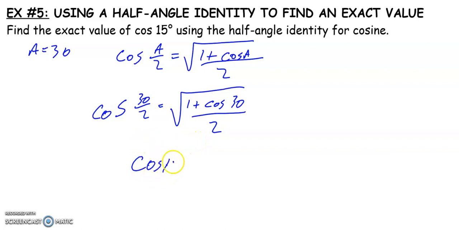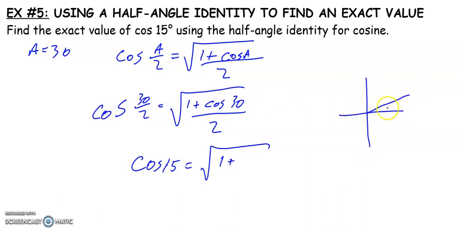So the cosine of 15 is going to be the square root of 1 plus, okay, 30 is my first line up on the unit circle, at radical 3 over 2 and 1/2. We use the cosine, which is my x value, so radical 3 over 2, all over 2.